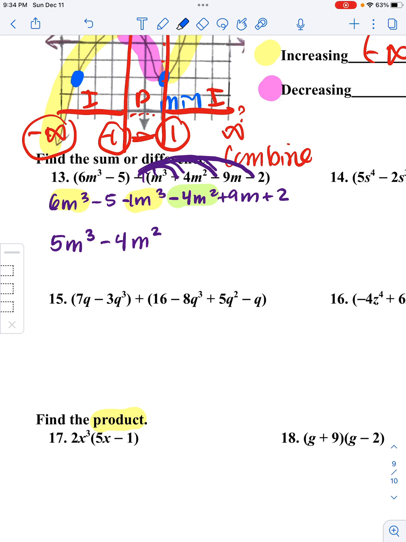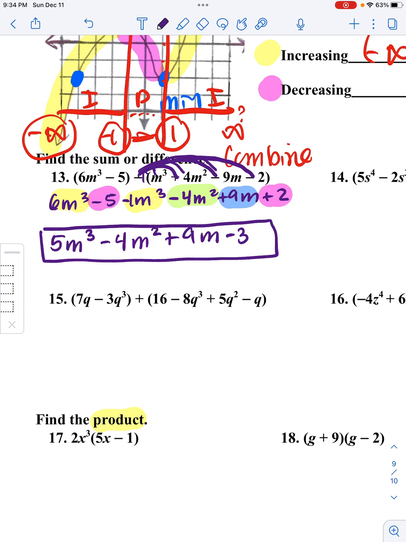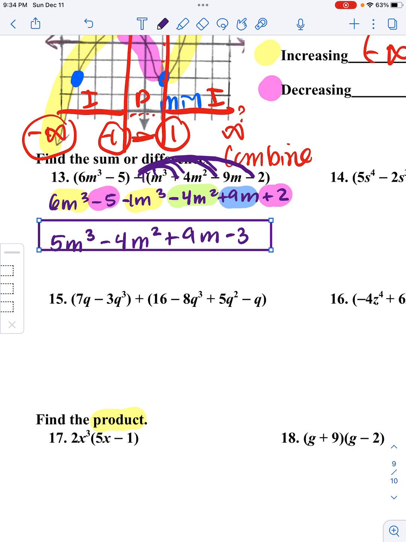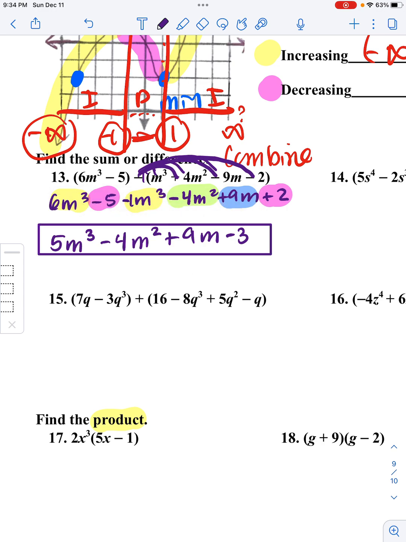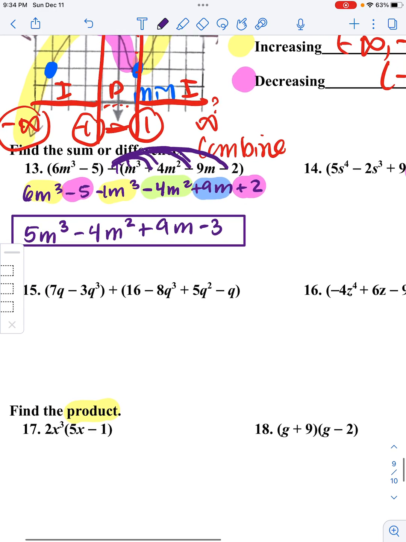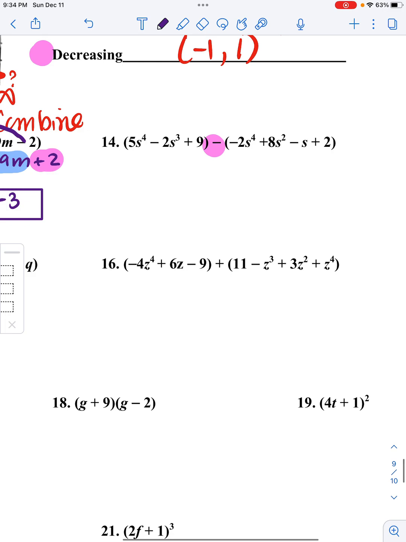Then any plain m's. There's 9, but nothing for it to combine with, so just plus 9. And then lastly, any numbers. So these two are alike. -5 plus 2 is -3. This is my answer. It should be in standard form from the highest power of x on down, ending in a constant caboose.